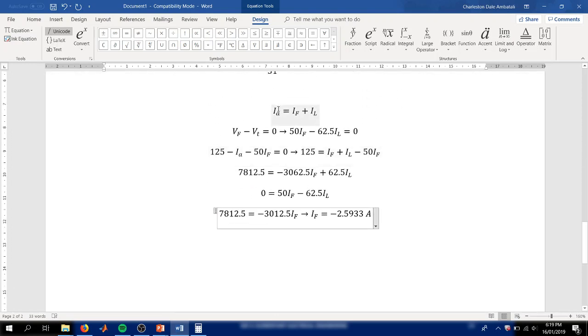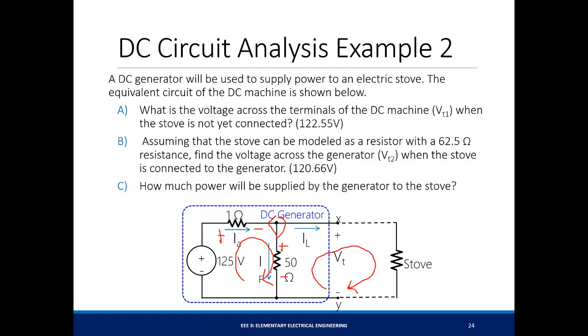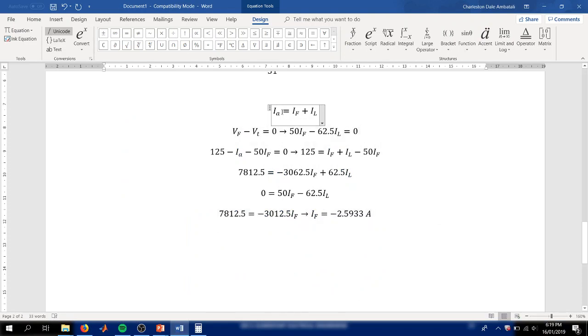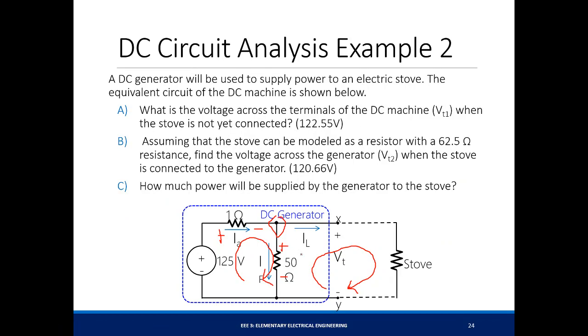So the first equation is defined by this: IA is equal to IF plus IL. So IA, current going in, equals the sum of the currents going out. That's correct. The second equation is defined by the loop here.